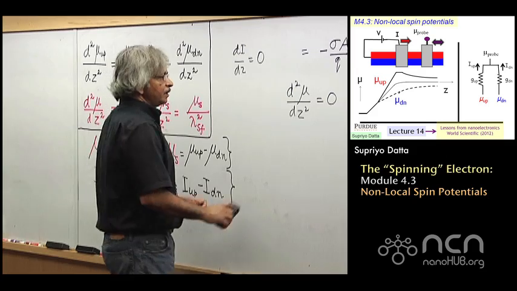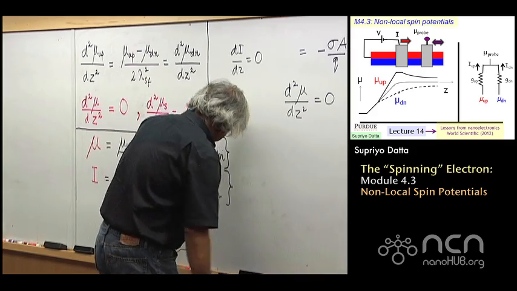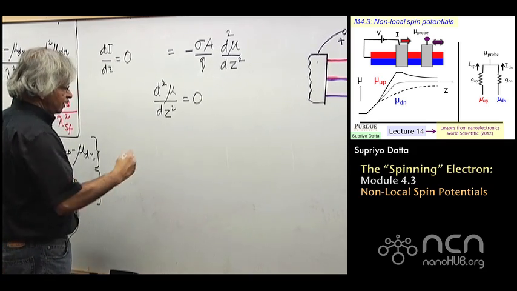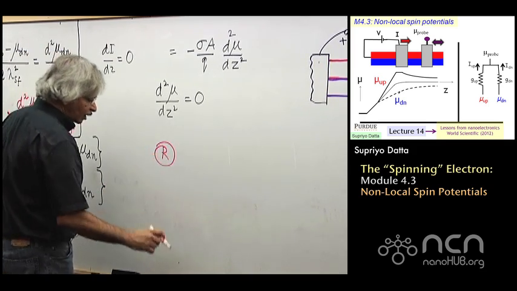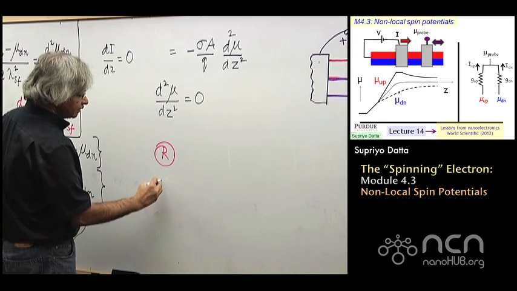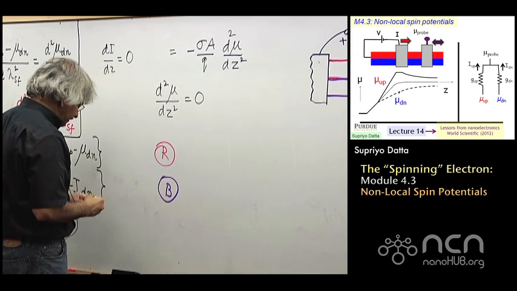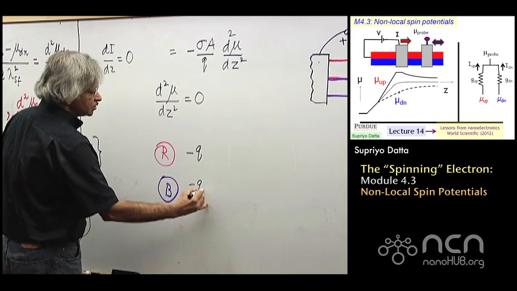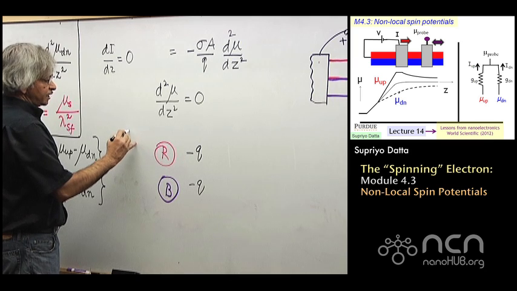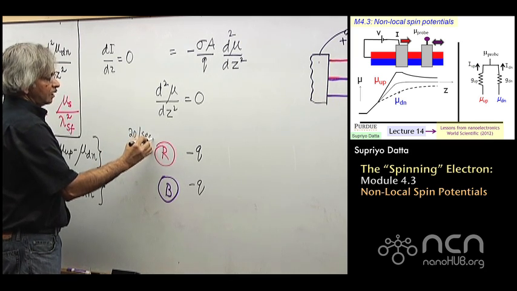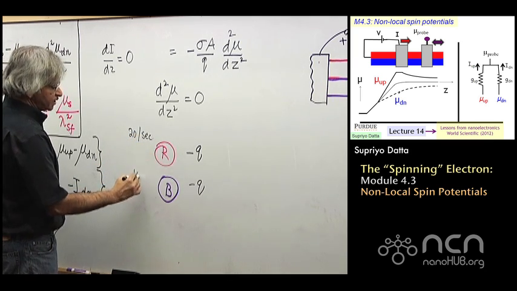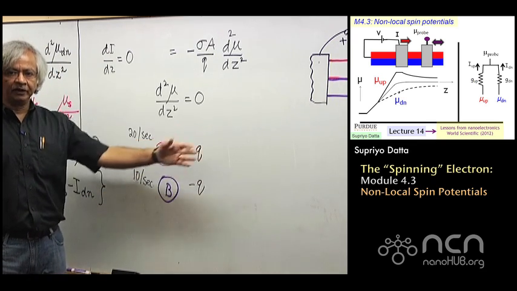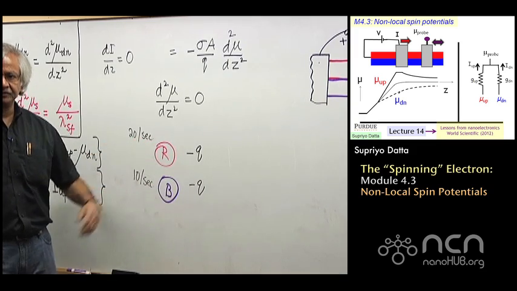When you look at an electron, whether it's a red electron or a blue electron, they both have exactly the same charge. Each one is minus q. So if you had red electrons flowing at 20 per second and blue electrons at 10 per second, then the total rate at which charge is flowing would be 30 per second, because they both carry the same charge.